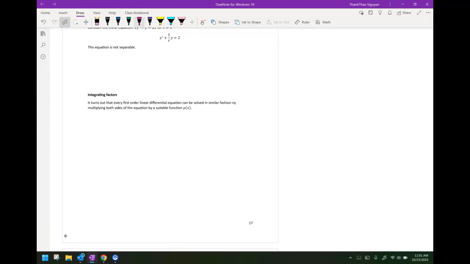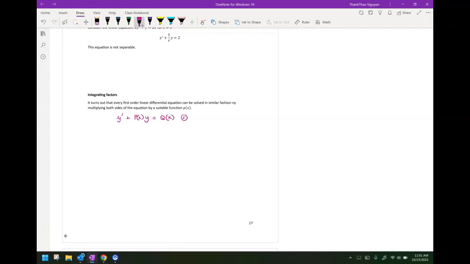Starting with the linear differential equation, I would write this as y' + p(x)y = q(x), and I mark this equation 1.